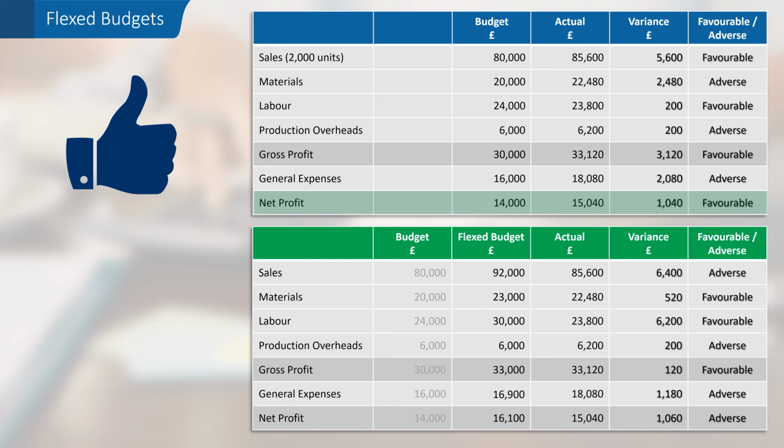But now we can see that this wasn't a fair comparison, as when we adjust or flex the budget for the same level of activity, it gives a completely different picture of how the business has performed. So you can see how flexing a budget gives a much fairer or realistic picture of what's happened. And the reason it's more realistic is because it's a more like-for-like comparison.